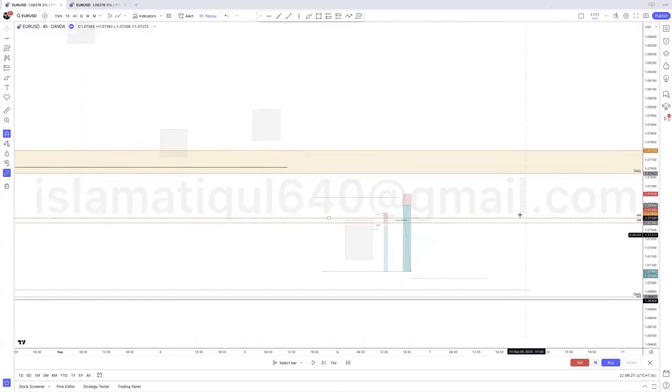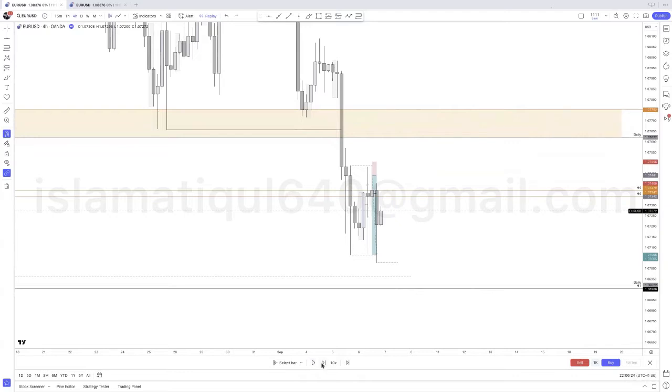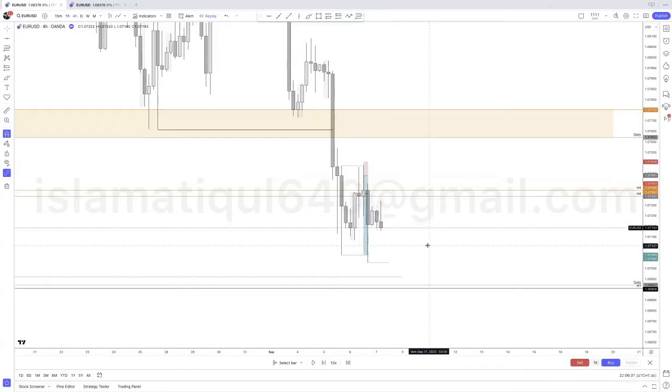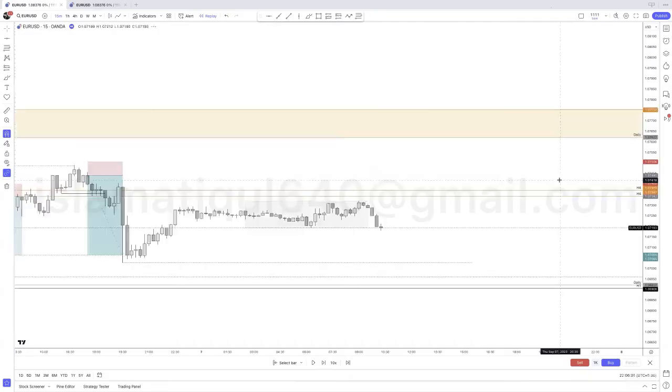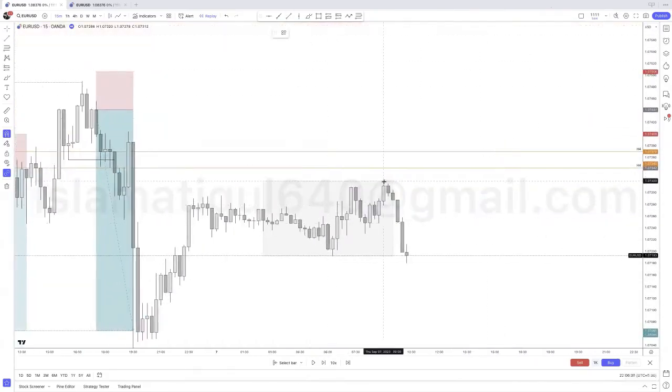Let's wait for Asia to end and then decide what to do. First one, Asia did not tap into it yet. And second one, okay. I think Asia is building up liquidity right below the key level. See that?